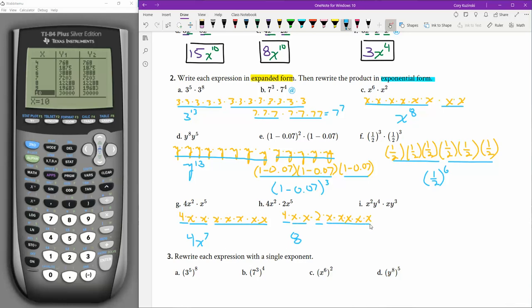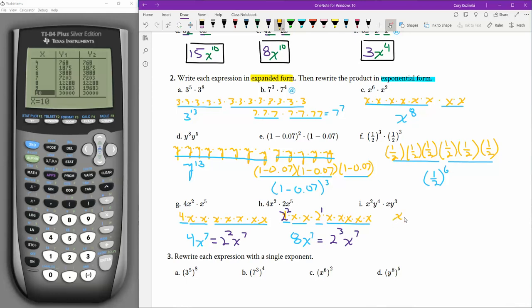And then we got the x squared times the x to the 5th, which is x to the 7th. Another way to think about it would be, you could make this 2 squared x to the 7th, and you could make this 2 cubed x to the 7th, because this is like 2 squared, and 2 plus 1 is 3. Not sure that's really what the book's expecting, though.